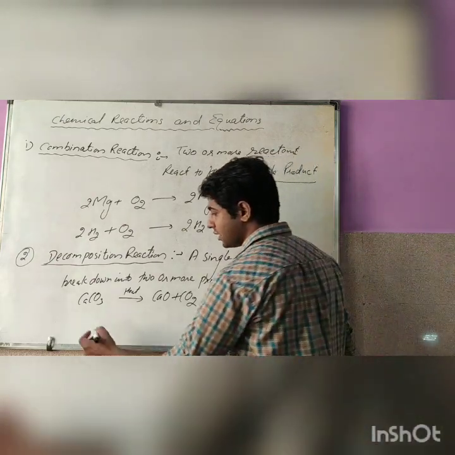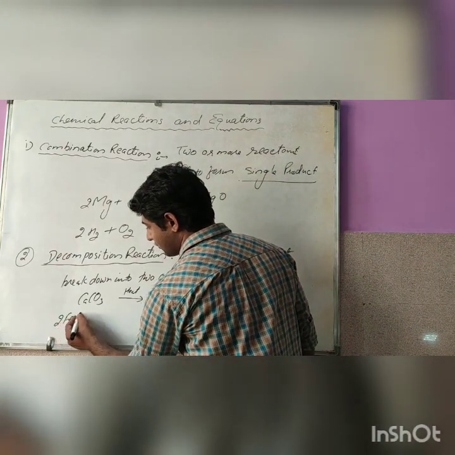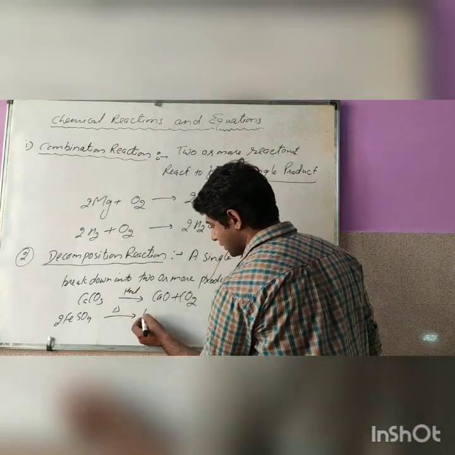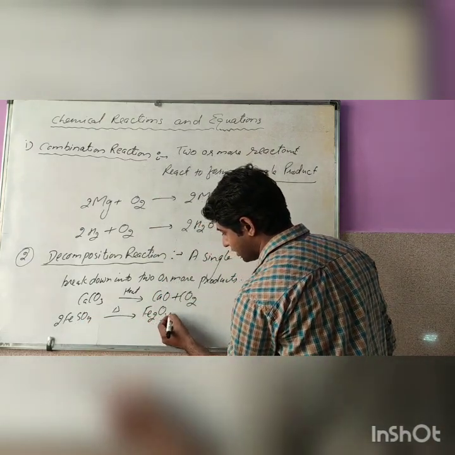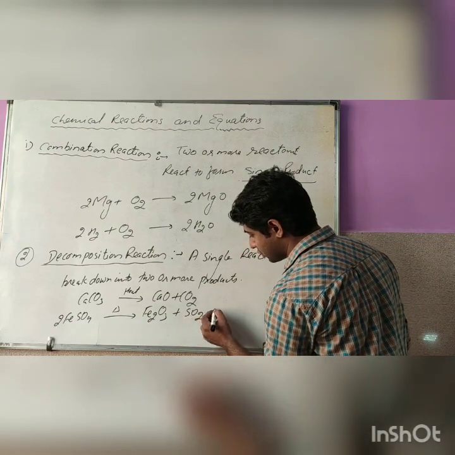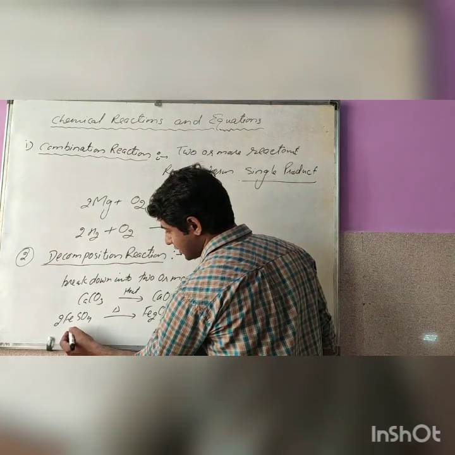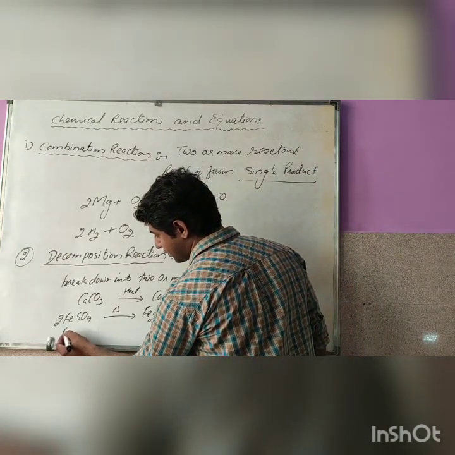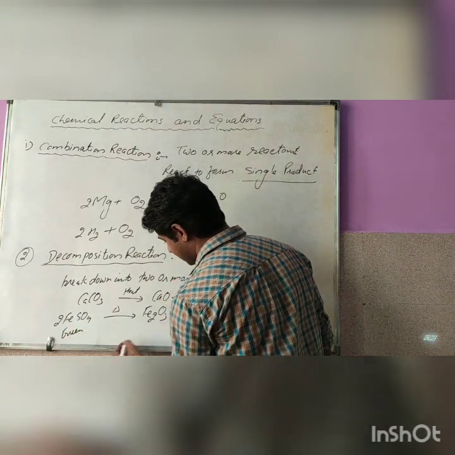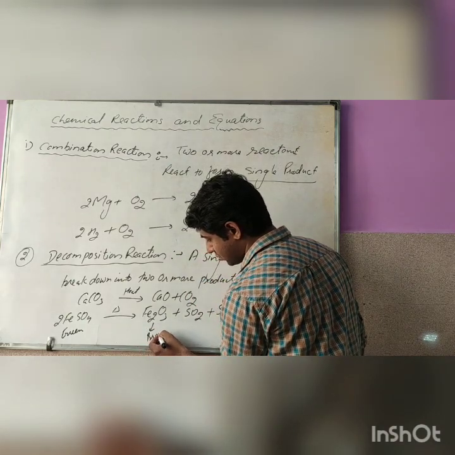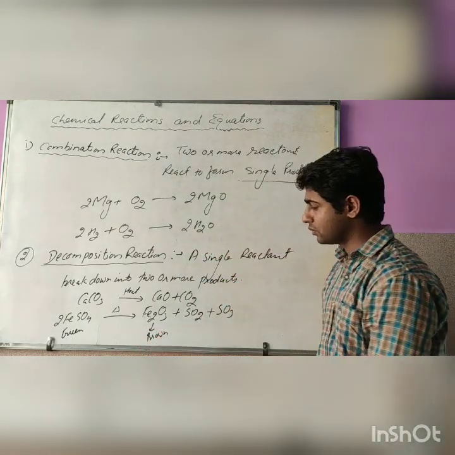Another example we can take: 2FeSO4, which will give Fe2O3 plus SO2 plus SO3. Yesterday we discussed this. FeSO4 is green in color, and after heating it will change into brown Fe2O3.